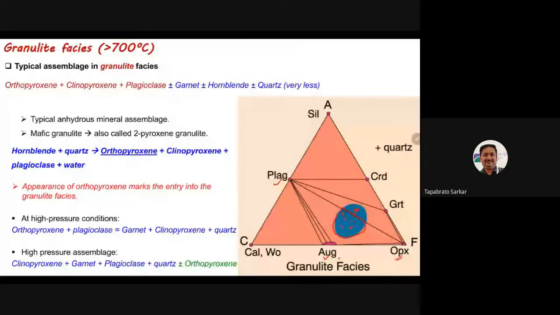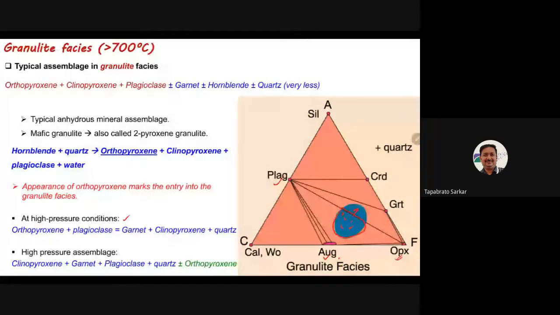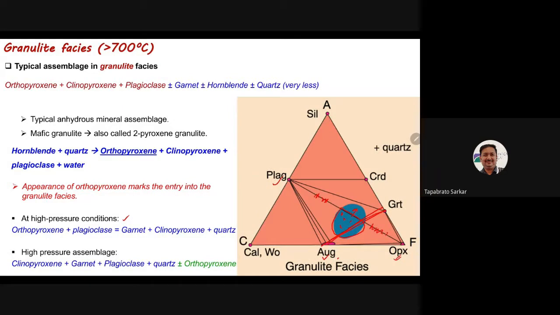Now at high pressures, there is a reaction relationship where orthopyroxene and plagioclase give rise to garnet and clinopyroxene. So if you join this line out here, garnet and clinopyroxene, then this line would be gone, as cross-cutting tie lines.